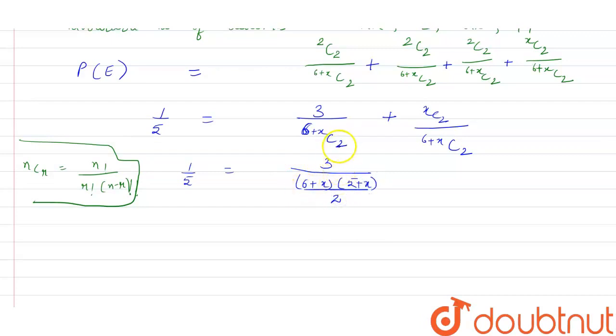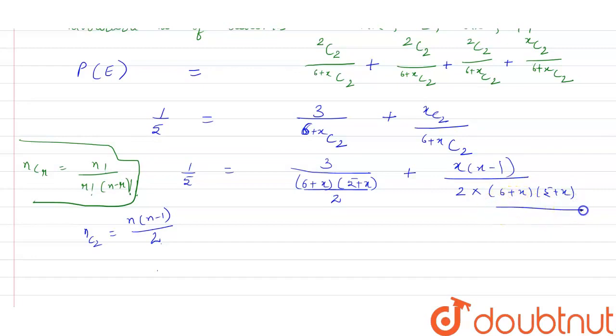How are we getting this? If you take 6 plus X as n, nC2 gives n factorial upon 2 factorial and n minus 2 factorial, that is n into n minus 1 upon 2, so 6 plus X into 5 plus X upon 2.